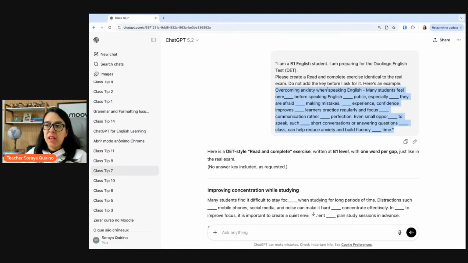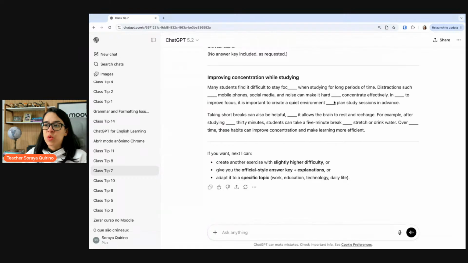So I shared a text here with ChatGPT, about improving concentration while studying. So it created a text. You can answer the questions, like complete the words, and then you can ask ChatGPT to help you if you need a tip.